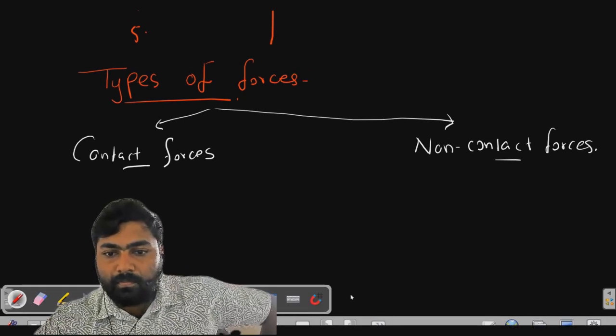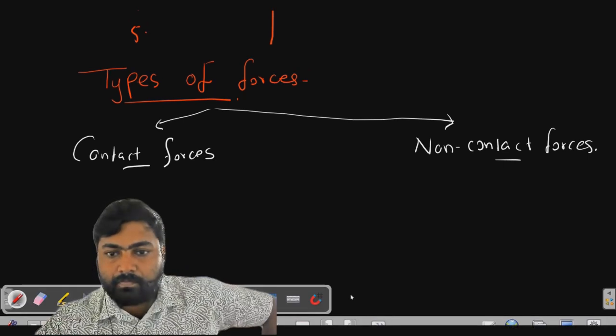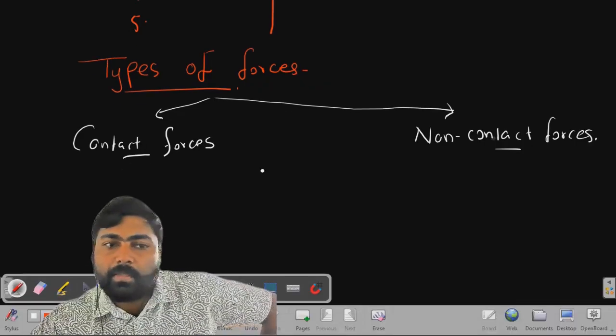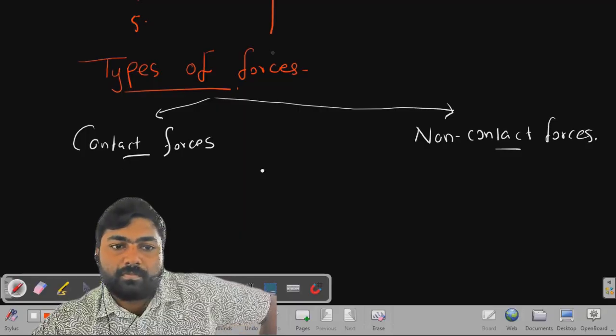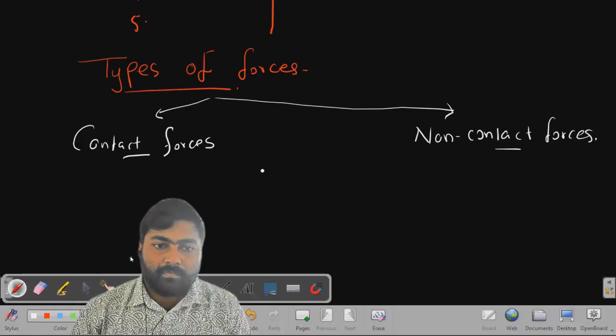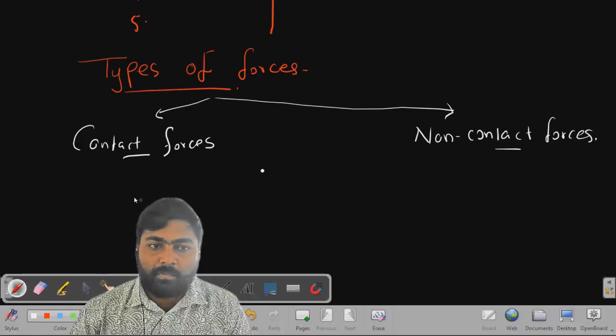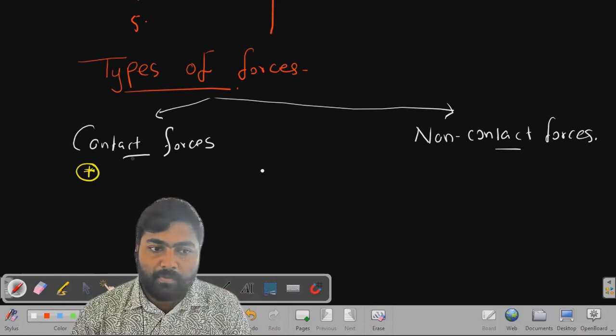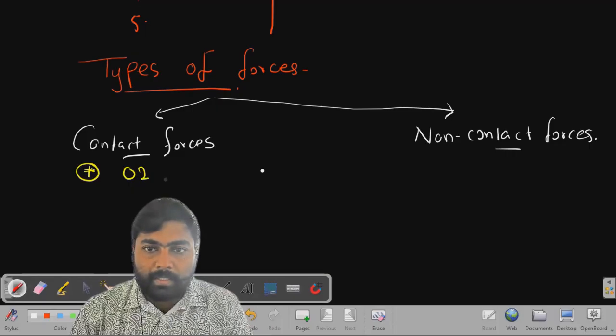Contact and non-contact. Can you give me an example for contact force and non-contact force? Okay, listen. To originate a contact force, two or more objects should be in contact with each other.